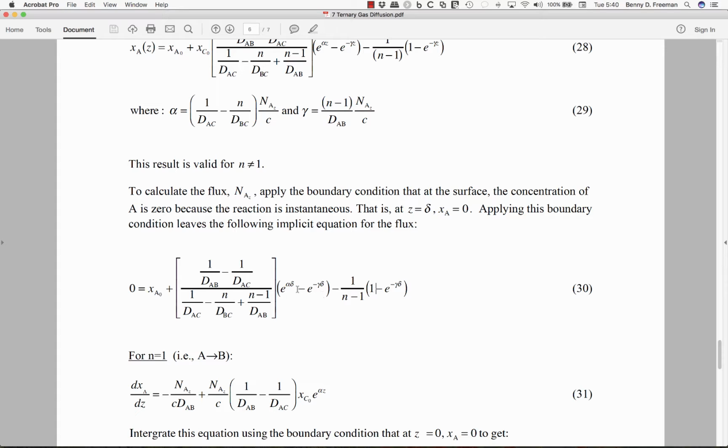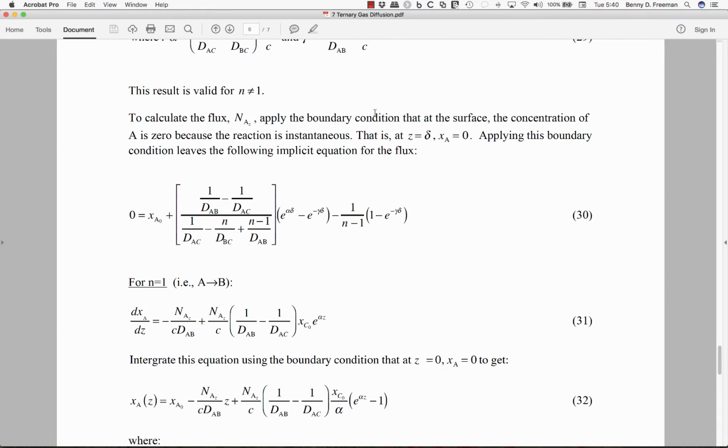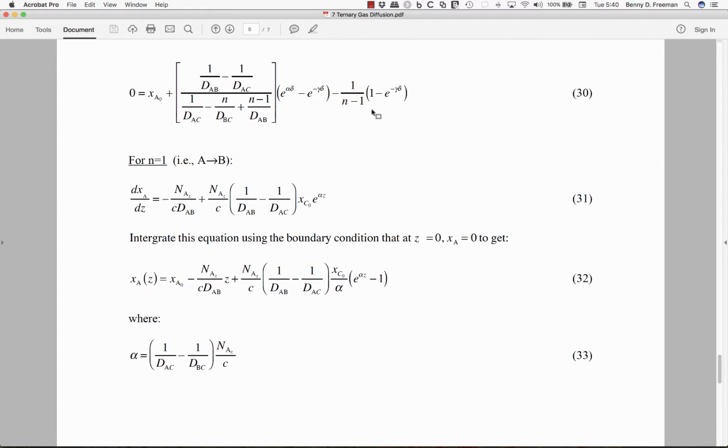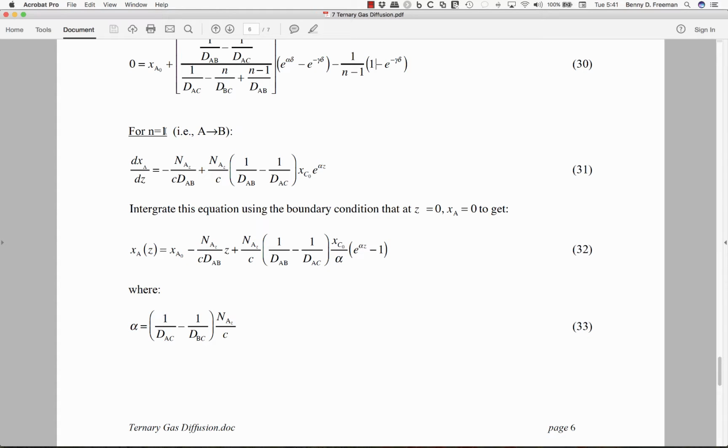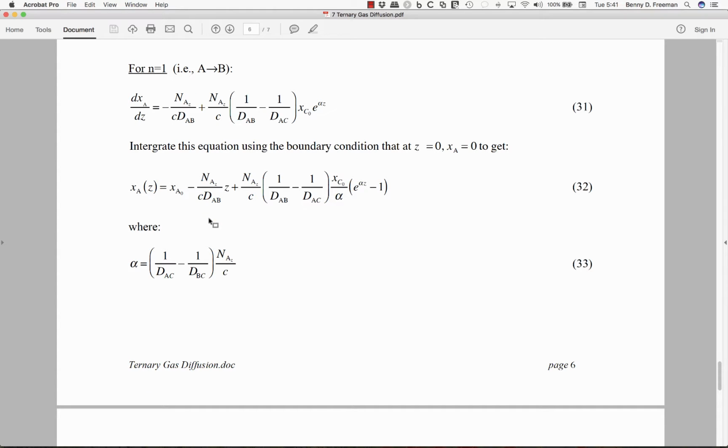It involves these parameters alpha and gamma, which are defined up here in equation 29. To get a little more insight into the structure of this solution, we consider the unimolecular case, and now we go back to our differential equation for xa, plugging in n equals 1, and we can integrate this expression to get the expression shown in 32.